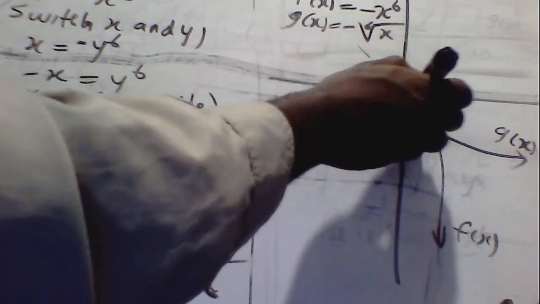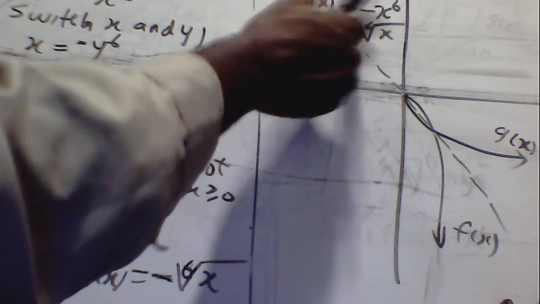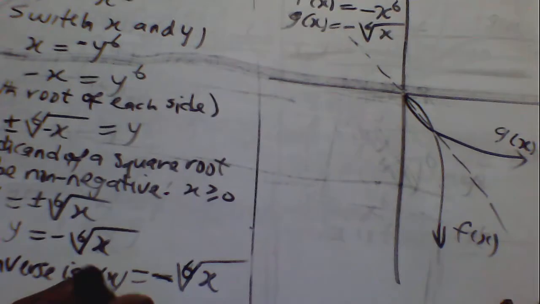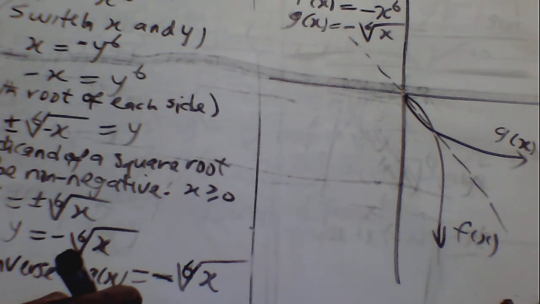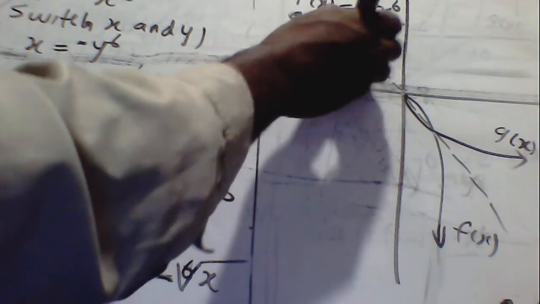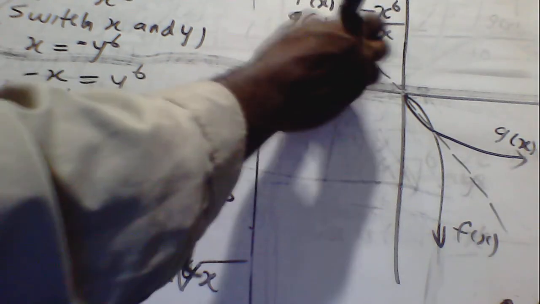Then the next is to draw the line y equals x. So finally you have already done all you're supposed to do.